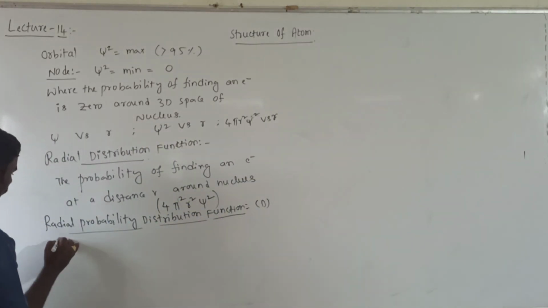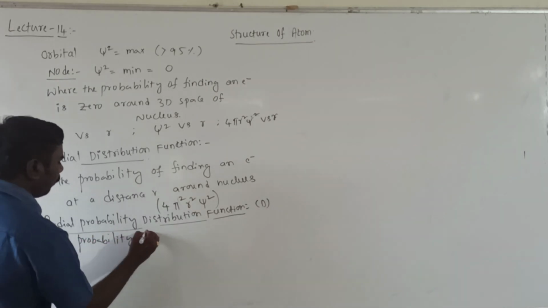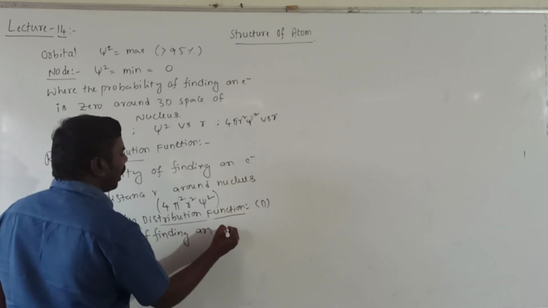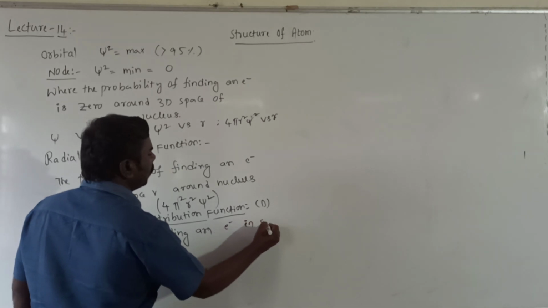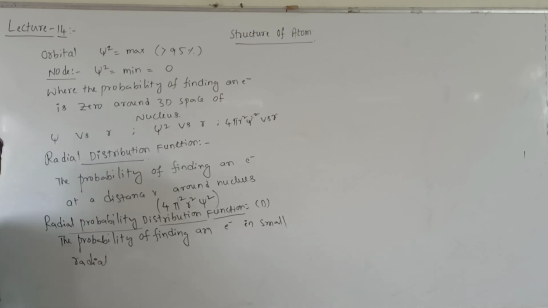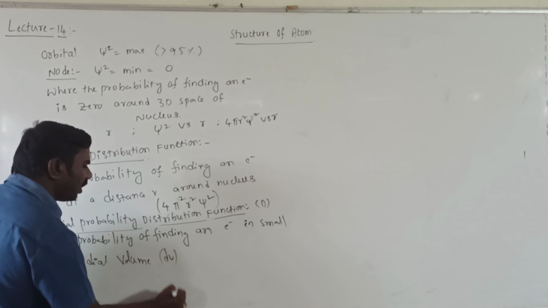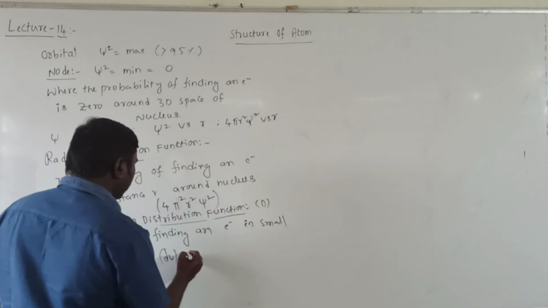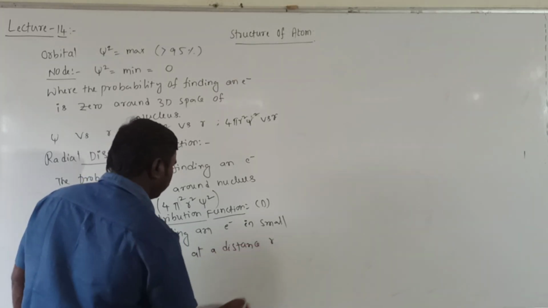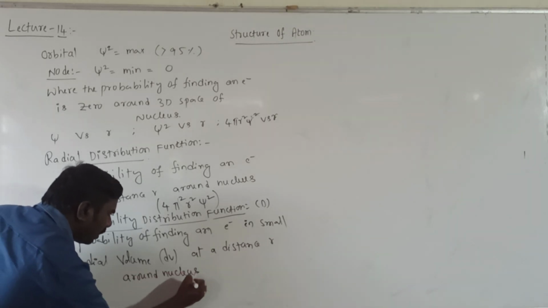Now the probability of finding an electron in a small radial volume, it means a spherical volume. It is a small volume, that's why it is considered as dV, at a distance r around the nucleus.